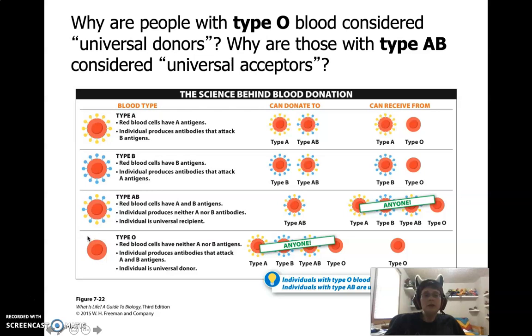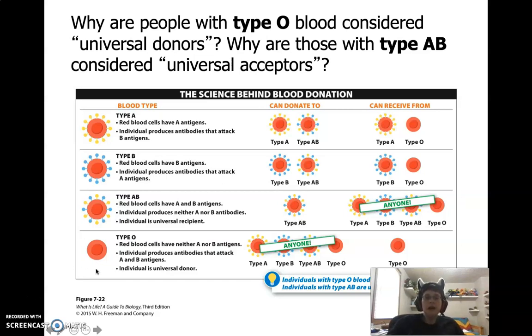But if you look down here, there's a little different story for the other two blood types. Type AB, these guys can get blood from anybody because they have no antibodies. They have both types of flags, so they can get all four blood types because their body won't attack anything.